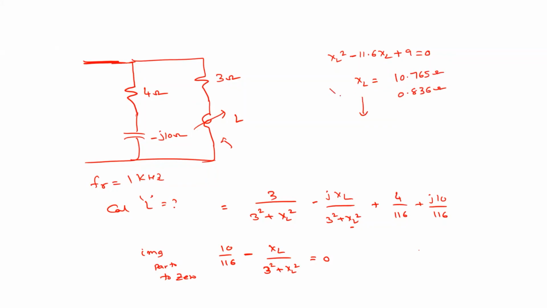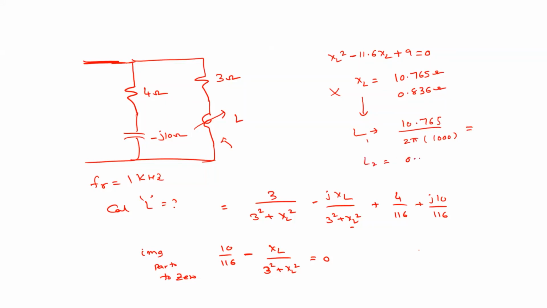This problem is not over yet. What is the value of L? You know XL, and you know the resonant frequency, so from that you calculate the value. L1 is 10.765 divided by 2 pi into 1000, which is 1.71 millihenry.